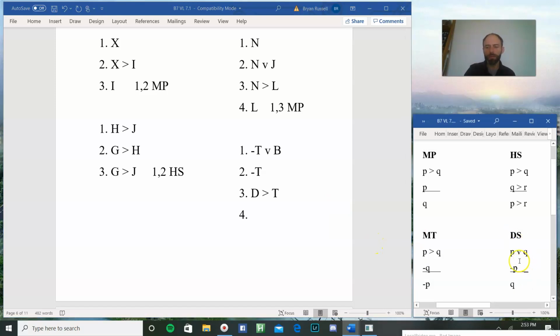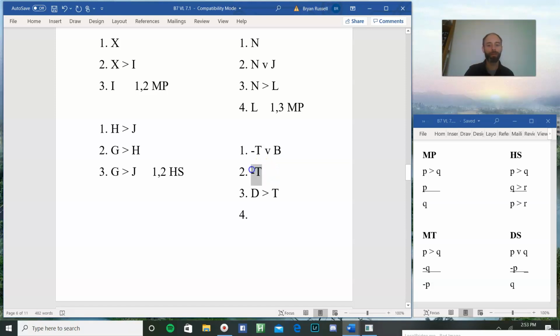But disjunctive syllogism tells us if we have P or Q, and if on another line we have not P, then we can get Q. Here we have not T or B. So what would we need on another line to get B by itself? We would need P, but with an additional tilde. So we would need not T with an additional tilde. So what we would need is not T on another line. And we don't have that.